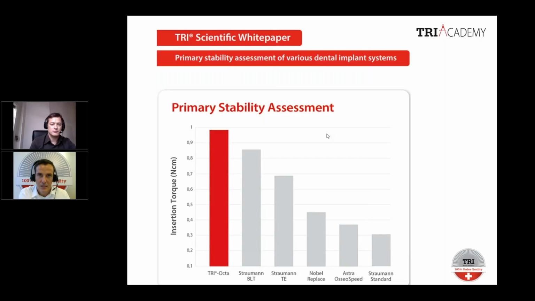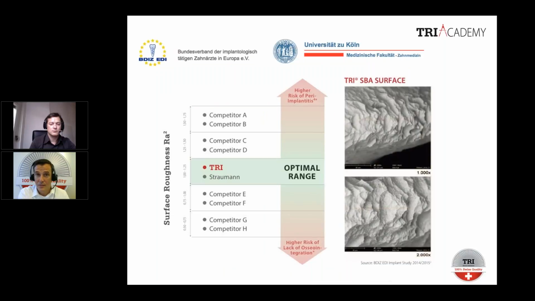And then there is the second very important factor of reaching primer stability or stability in all is the surface. And this is another study which is made, which we presented at the EAO in Paris shortly before.